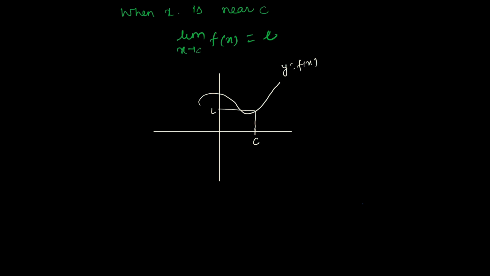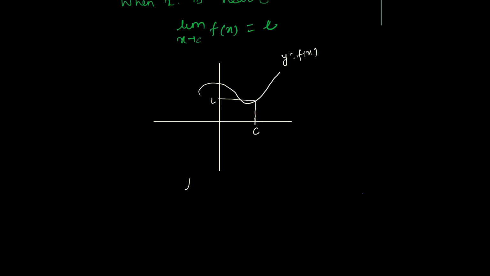This means that when our x values get closer and closer to c, the function values f(x) get closer and closer to some number L. We call this number L the limit of the function at x equal to c, limit of f(x) equal to L. So when our x values get closer and closer to c, our function takes values closer and closer to some number L.